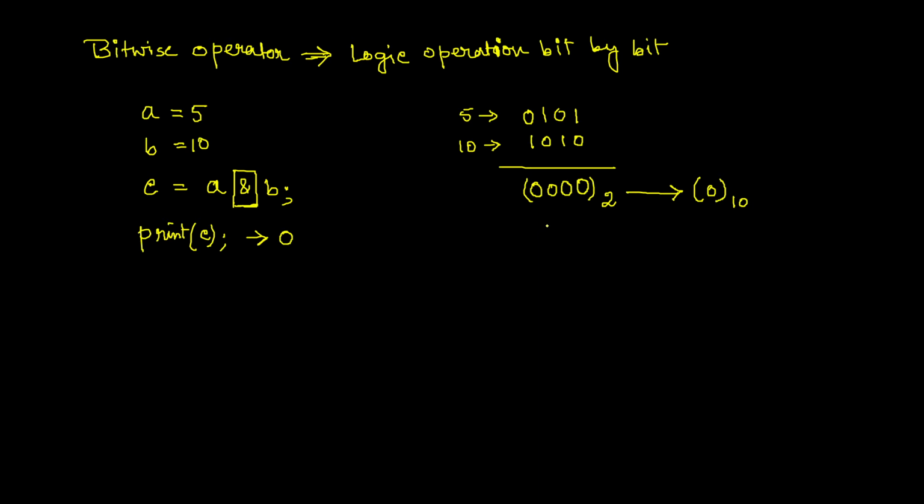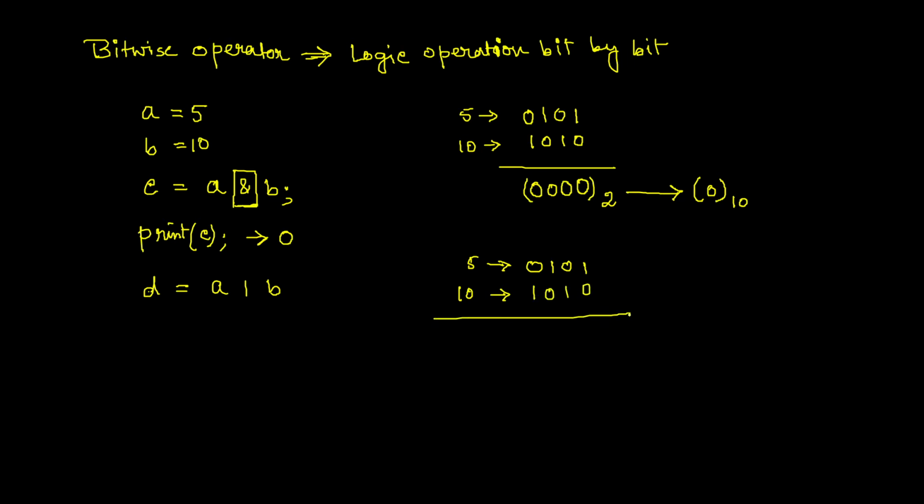And this is true for the other bitwise operations. For example, if I have the same logic, like if I write d equal to a | b, so a remains 5, b remains 10. Here 5 is 0 1 0 1, and 10 is 1 0 1 0.